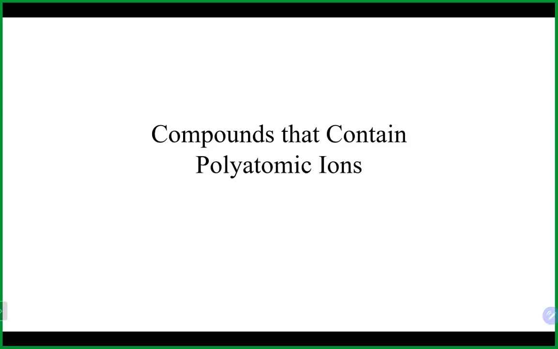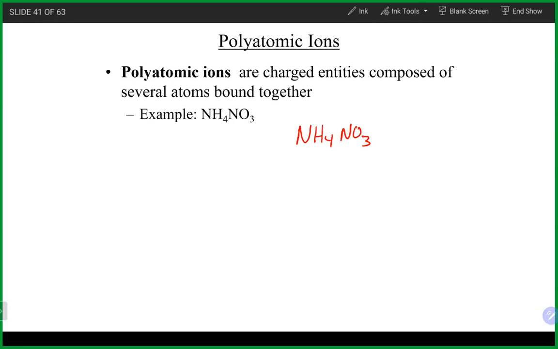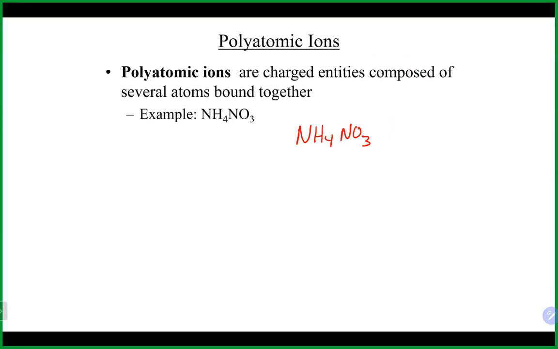And that means that if we take a look at an example like NH4NO3, we actually have, in this particular case, two different polyatomic ions. Let me break it up right about there. We have this guy right here, which is NH4 plus.